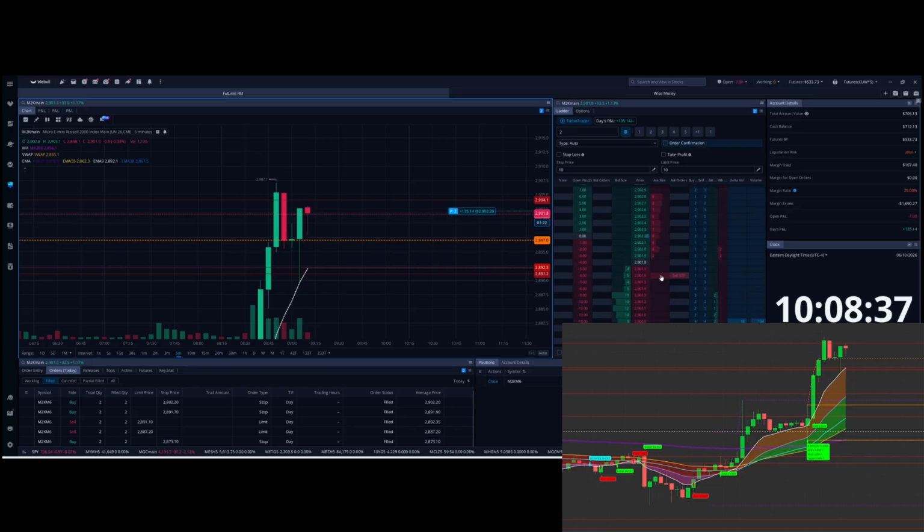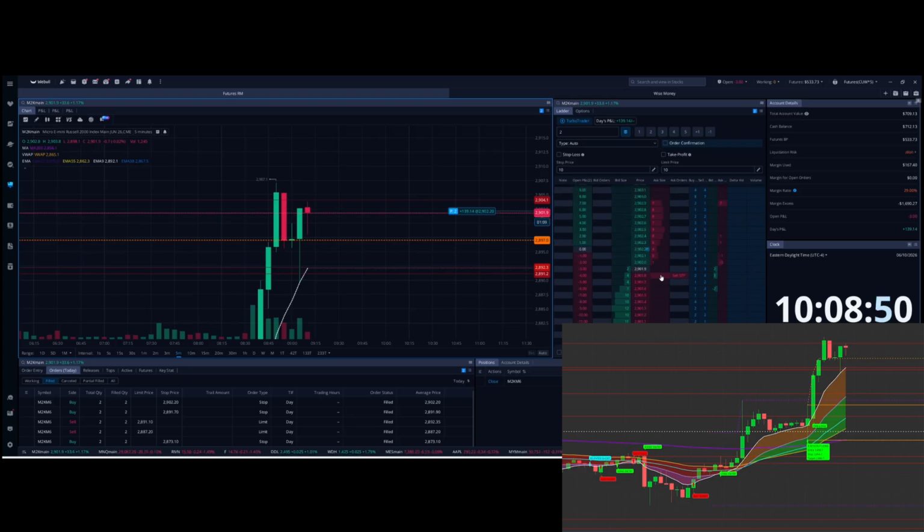And this candle is an asshole. They're fighting. Yes. Let's see who wins this battle.